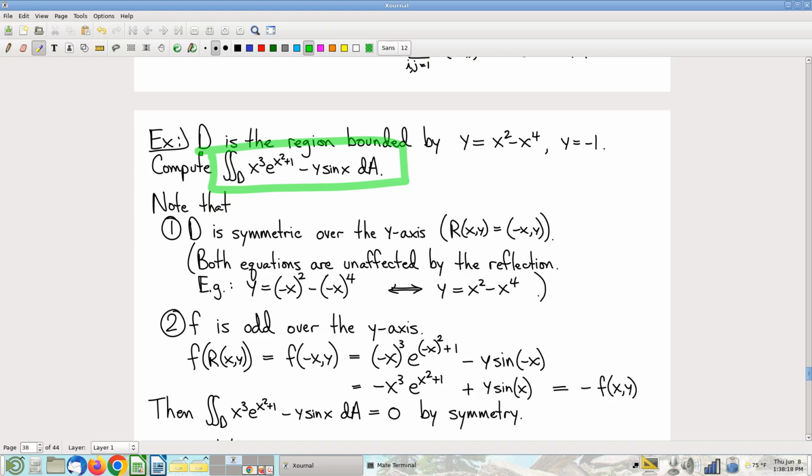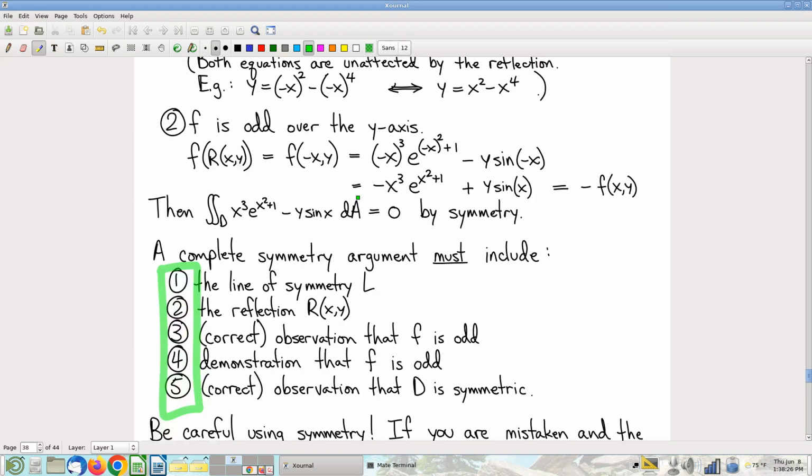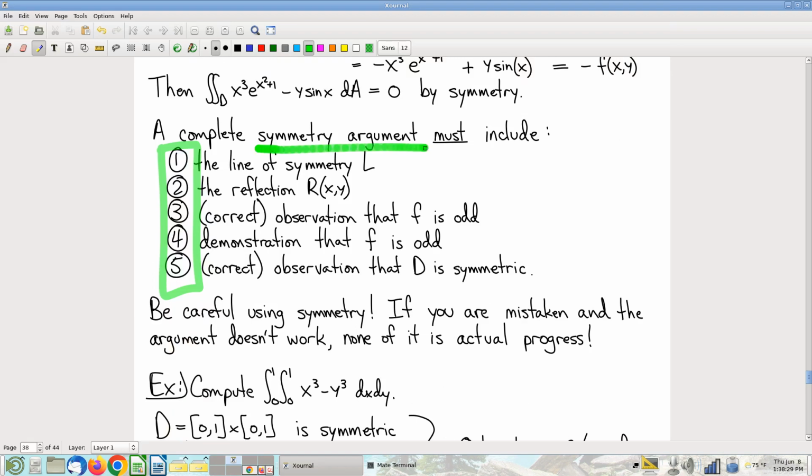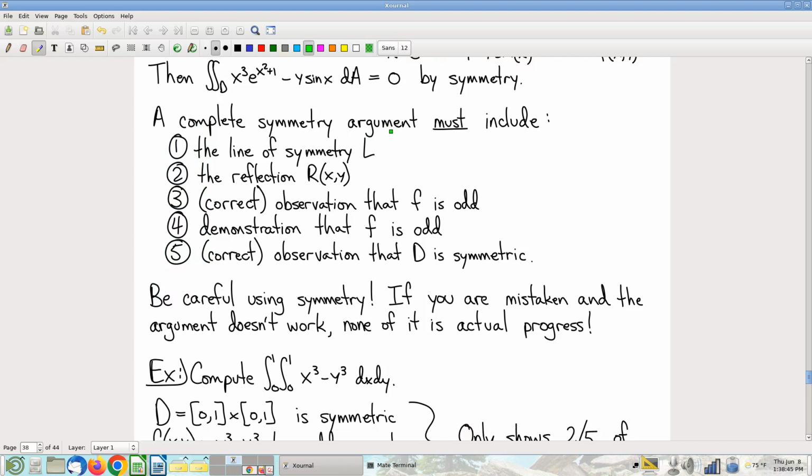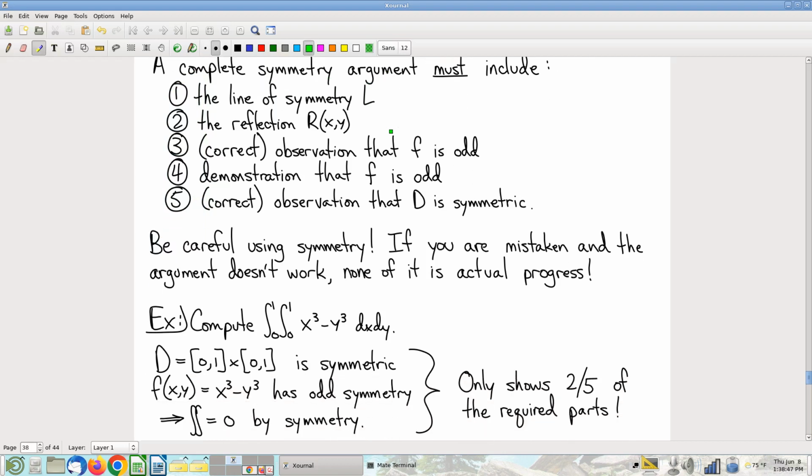I'm not saying I couldn't do it, but I really, really don't want to. I don't think anyone here does. So when the opportunity comes up to make a symmetry argument, by all means do it. But you do have to give me a complete argument, and again, I'm looking for all 5 of these points clearly supplied.